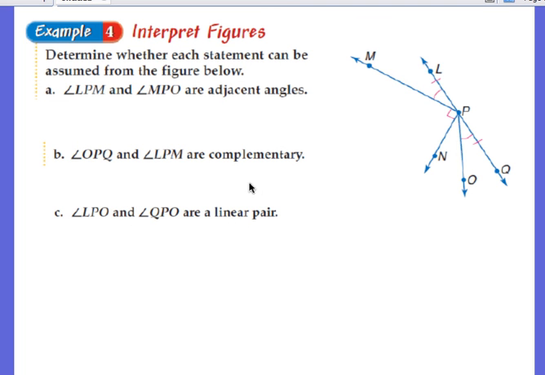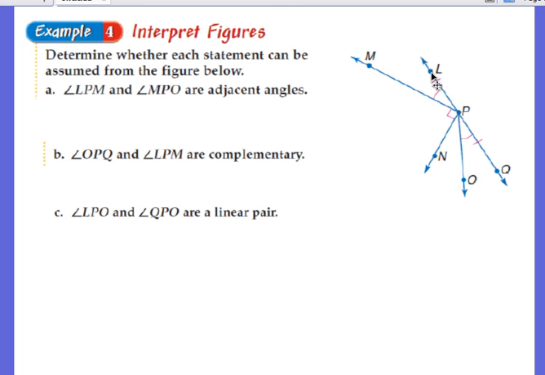Here, linear pair. If they're a linear pair, that means they have to make a straight angle and they have to be adjacent. Just by looking at this, they share PO, so chances are they might be adjacent. Let's check. LPO, that's a big obtuse angle. It goes from here all the way to here. And then the other one, to make the straight angle, which is LPQ, has to be OPQ. And that is correct. They named it QOP, but OPQ and QOP are the same thing.